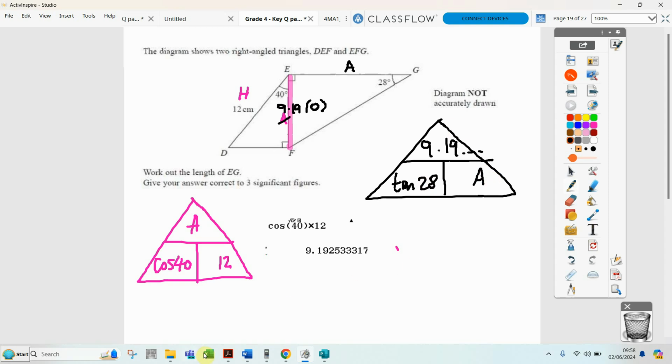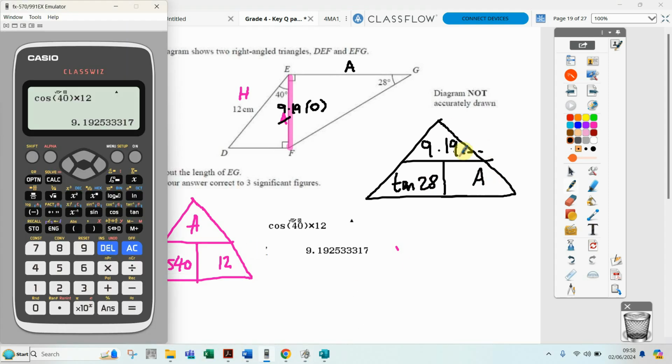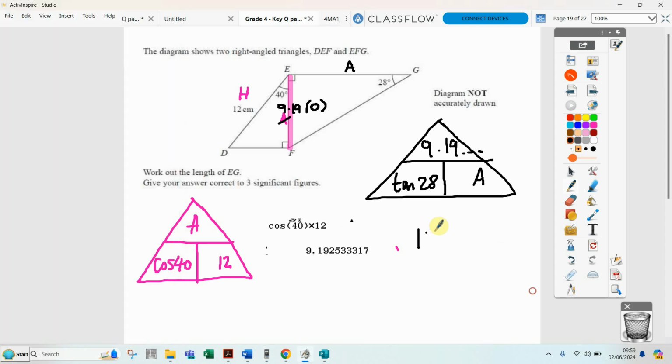This time you can see that it's divide because it's 9.19, the full display from before, divided by tan 28. Okay, which is 17.288. And that's the answer.